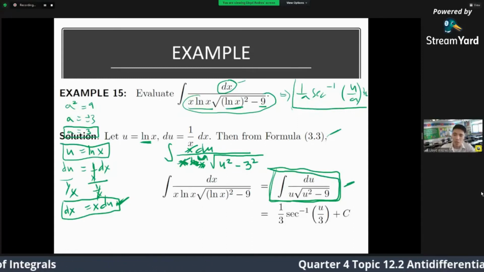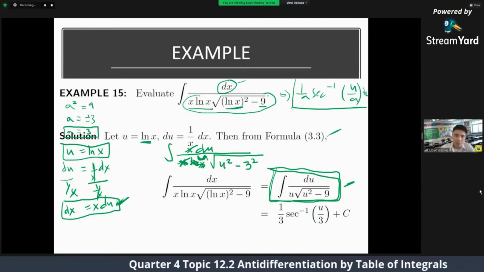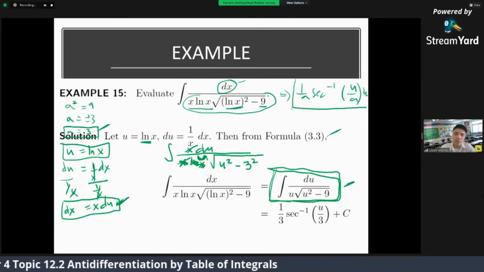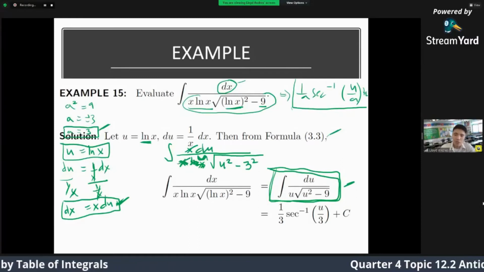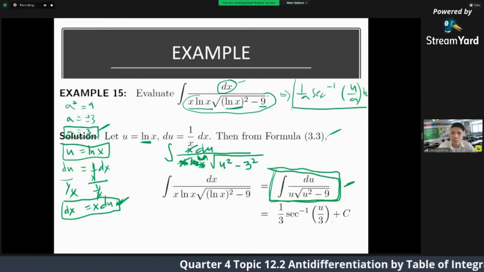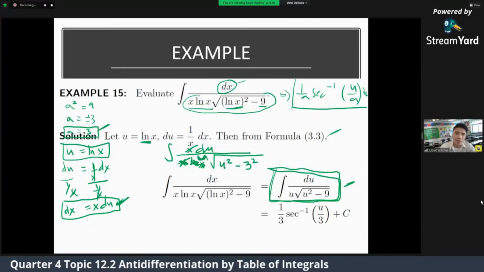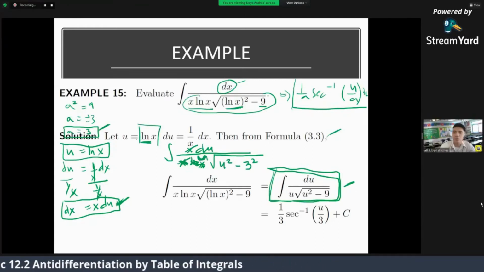Mao nang 1/3 because ang a na to is 3. Kaya 1 over a, 1/3. Inverse secant of u over 3. Kaya u over a man plus c. Then, lastly, we replace u with katong original na to nga variable, which is ln of x.